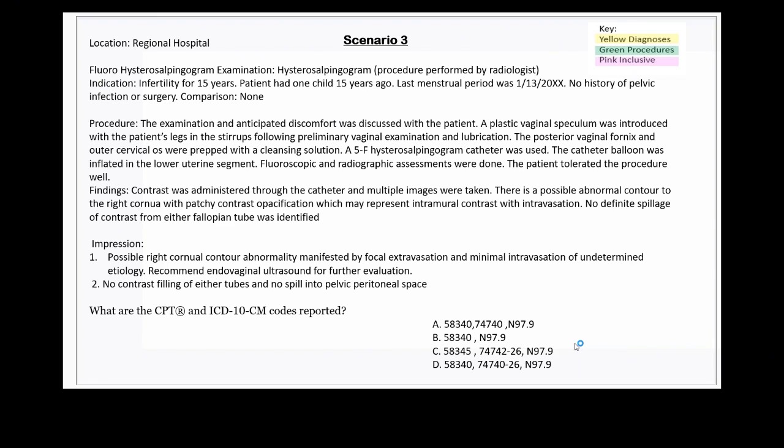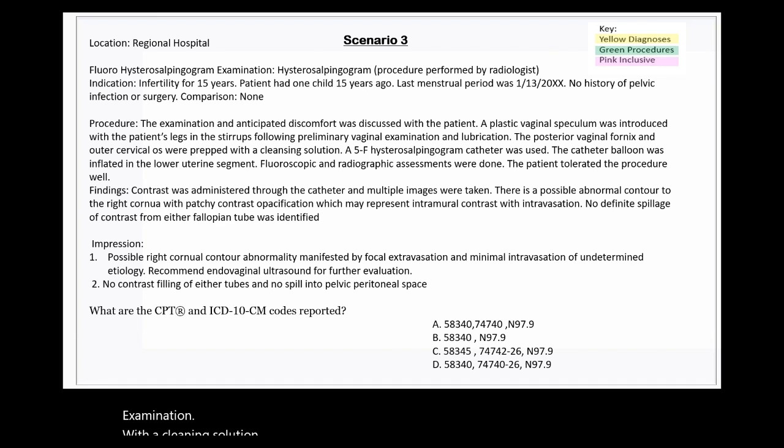Procedure, the examination and anticipated discomfort was discussed with the patient. A plastic vaginal speculum was introduced with the patient's legs in the stirrups following preliminary vaginal examination and lubrication. The posterior vaginal fornix and outer cervical os were prepped with a cleaning solution.